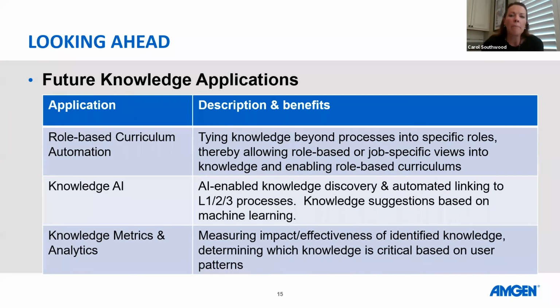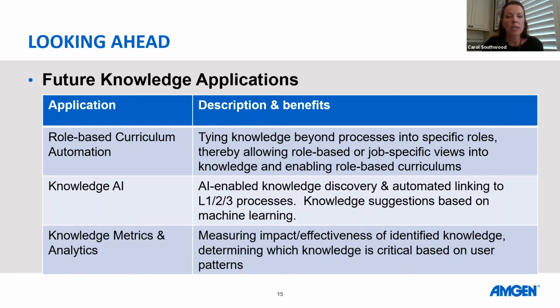Another thing is these enabling roles. We know the relationship between roles, so if an individual clicks on a knowledge asset, we can very quickly tell them that other similar roles looked at these assets you might be interested in. That is in the works as well.